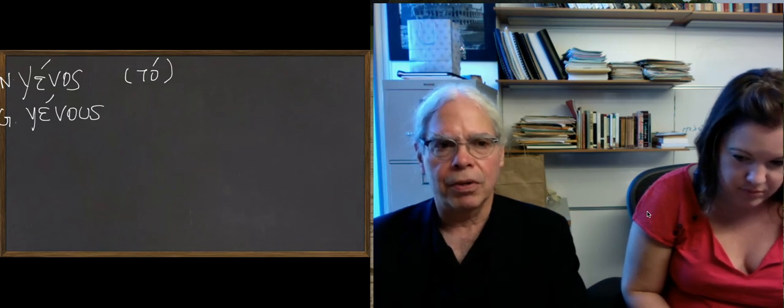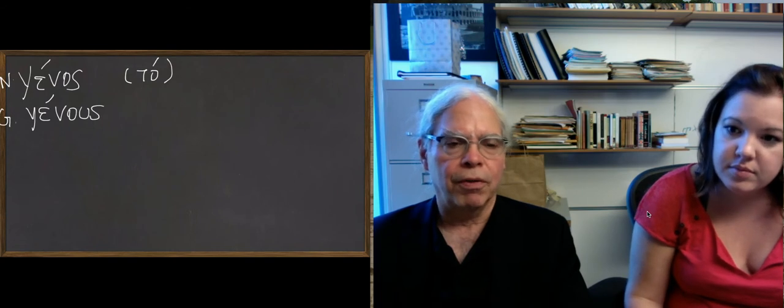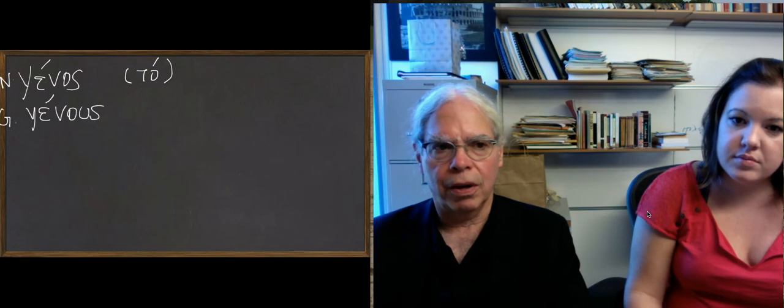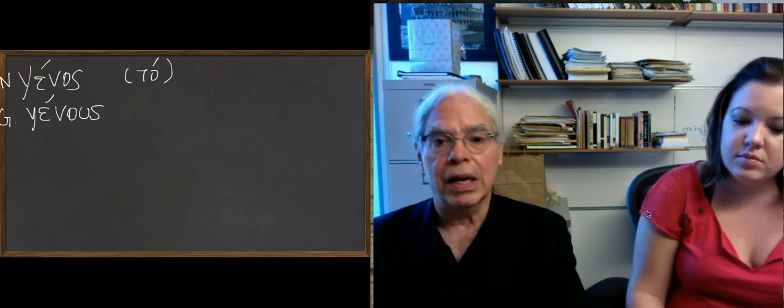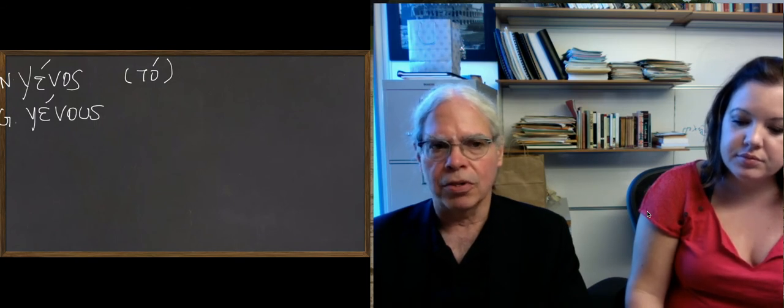What's happening is this, and you can see that the book spells this out: that form genos occurs in all the forms except for the nominative singular neuter and the accusative singular neuter, which are both genos. The other forms are all built on a stem, genes, G-E-N-E-S.